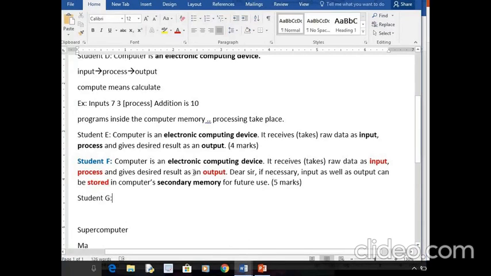All the computer systems will take input from us. All the computer systems will process. All the computer systems will give us the result. All the computer systems can store the input as well as output in computer secondary memory, inside the DVD, inside the hard disk, inside the pen drive for future use, store. That means you may work with any of the computers.